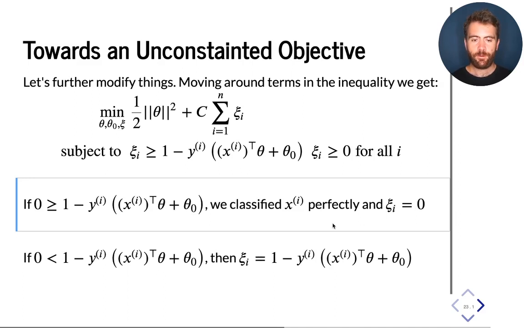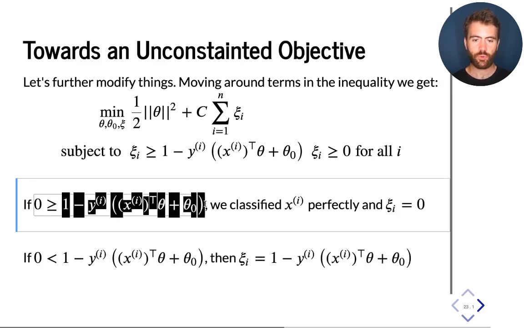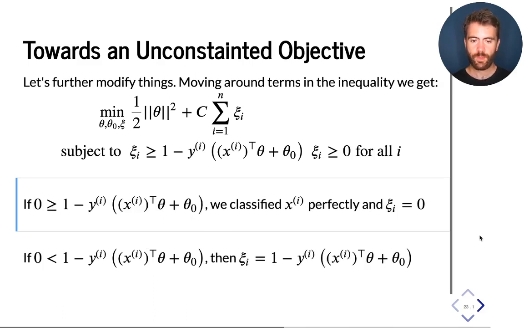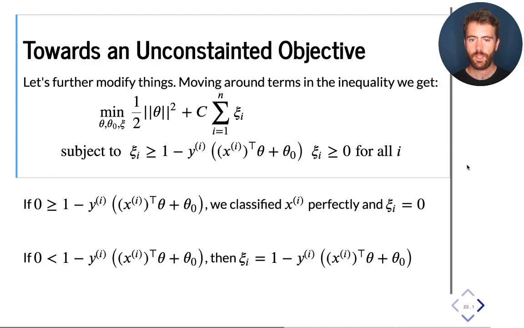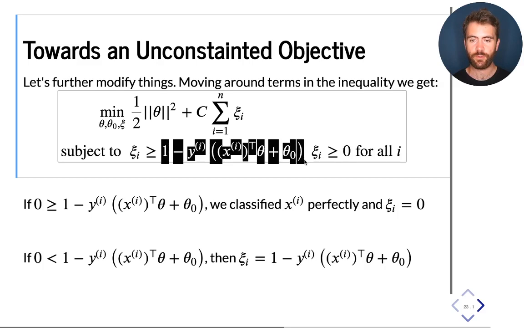However, if we have the other case where this term is greater than 0, then this term here is actually positive. And so now xi can no longer take its minimum value of 0. Now the smallest value that xi can take is this value.